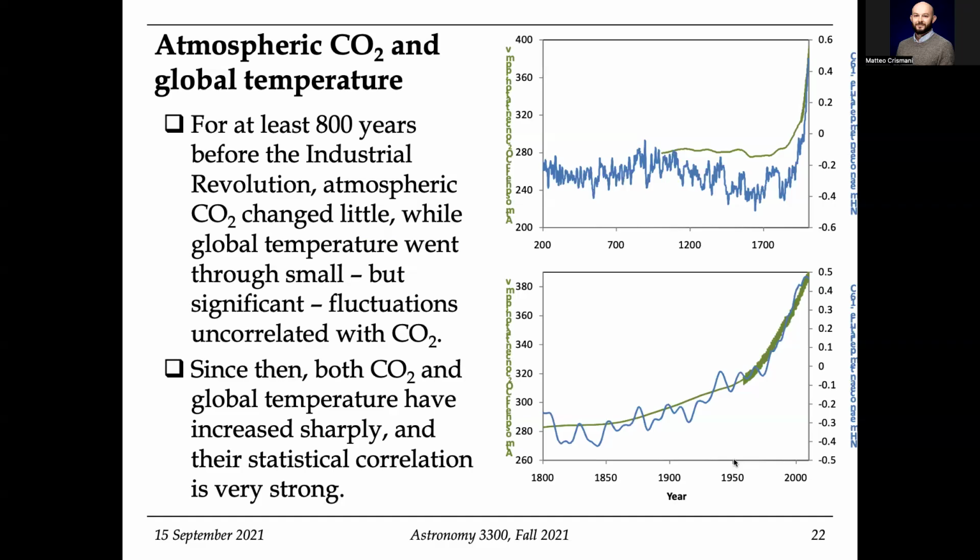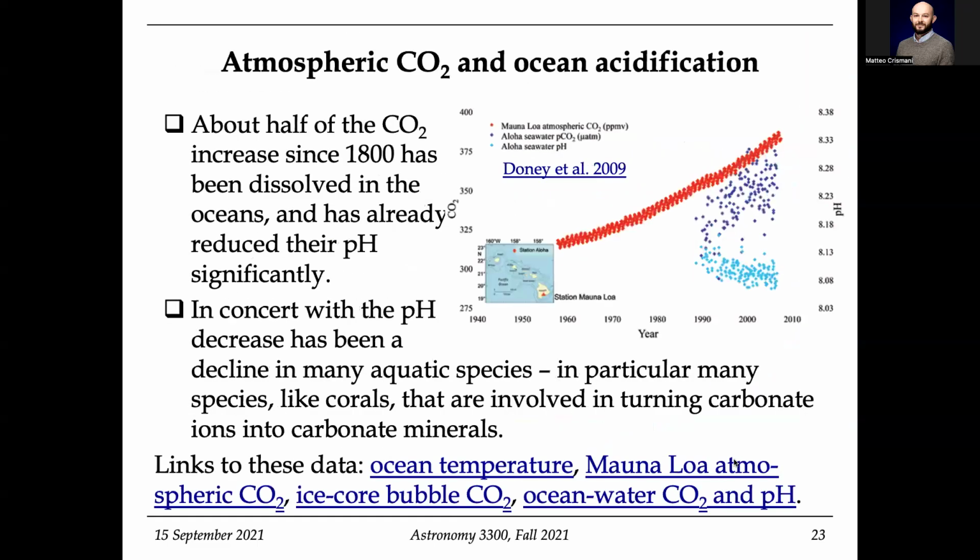Okay. Cool. About half of the CO2 increase since the 1800s has been dissolved in the oceans, and it has reduced the pH.